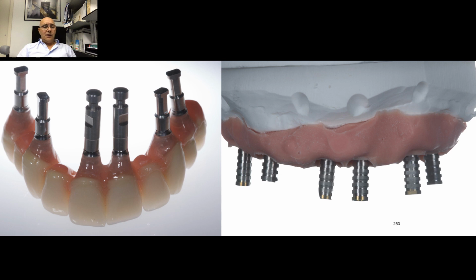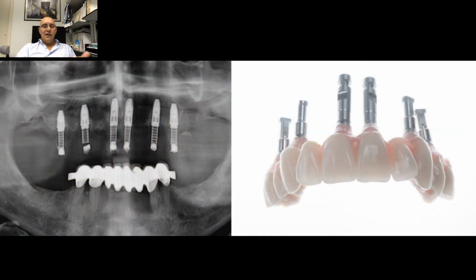So about 24 hours after the implants were placed, the patient throws the full denture in the lake, and he can walk out of the clinic with a full set of temporaries.